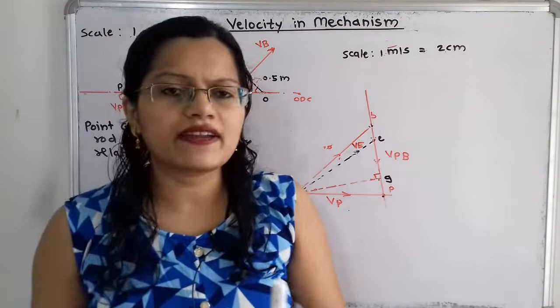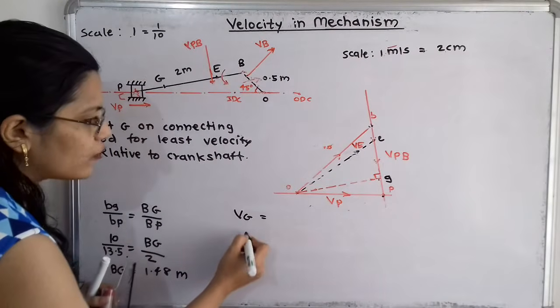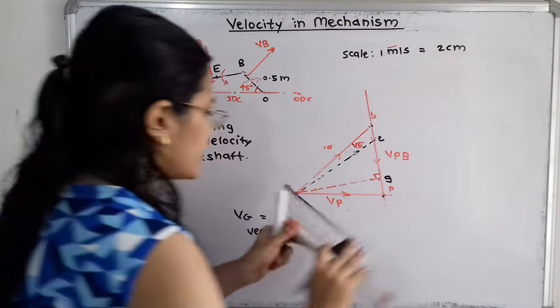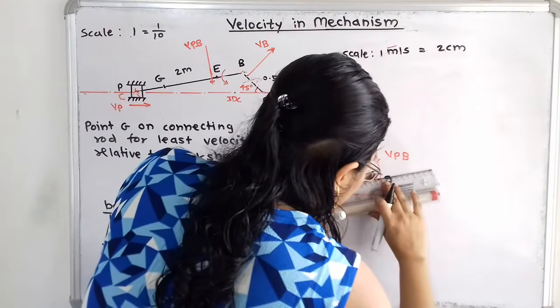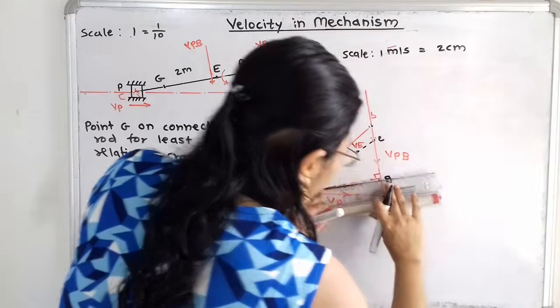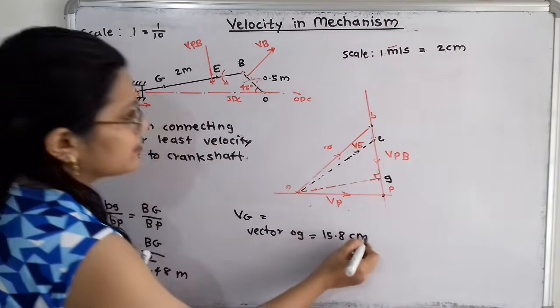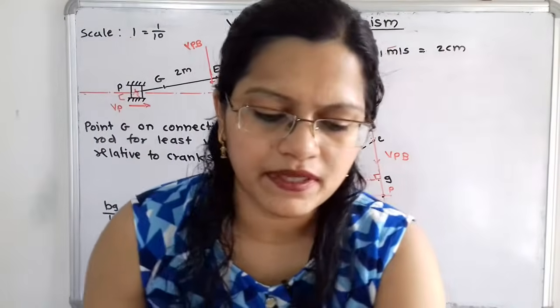Now how can we find the velocity of this point G, that is Vg? For that we have to measure the vector OG. What is the length of this vector OG? It is 15.8 centimeter. Our scale is 1 meter per second equal to 2 centimeter.